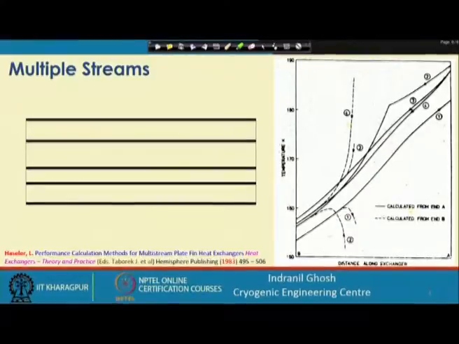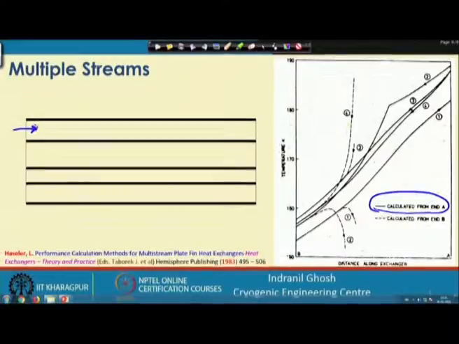Here what she has shown is a configuration where we have, let us look into this carefully. When this is calculated from end A, as we were telling you, we have 3 fluid streams here.